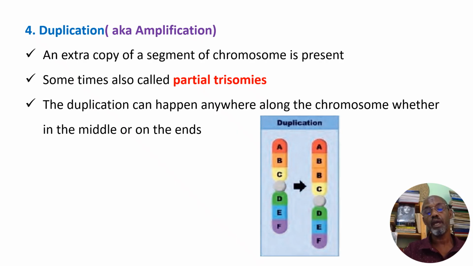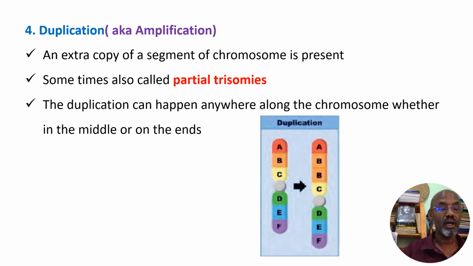When you go here, A, B, B, C, the portion of the gene B is repeated twice. So it is duplication. You may make it even A, B, B, B, C, or A, B, C, C, C. Therefore, duplication is when part of a chromosome is found twice or more.